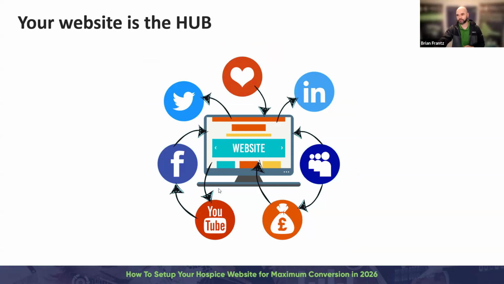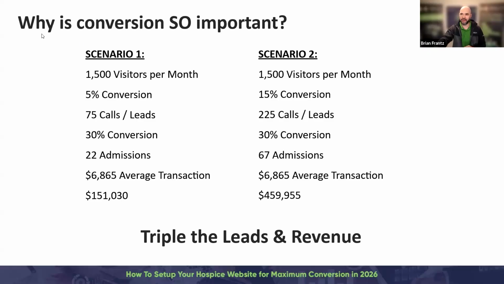Okay. And if we look at two different scenarios here, okay, in scenario one, we have 1,500 visitors to the website a month. Okay, and say we convert 5% of those. So a conversion being a phone call or some sort of lead form being filled out.